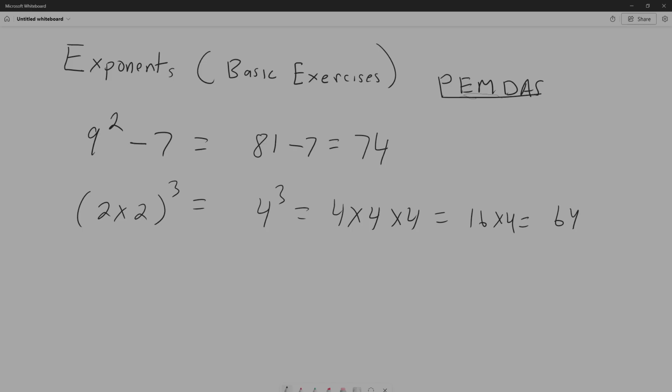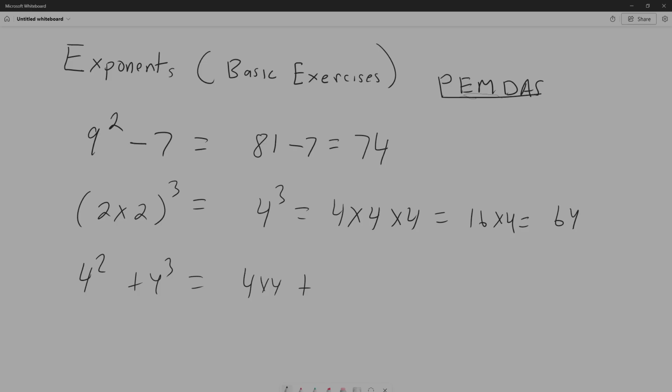We have 3 more problems left, so let's do this one. Let's say we have to simplify the following expression: 4 squared plus 4 cubed. Okay, so first 4 squared is 4 times 4, and remember we just did 4 cubed.